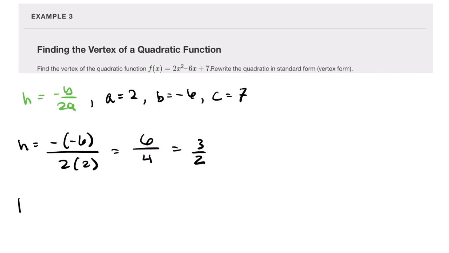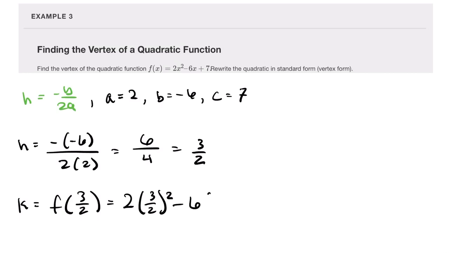So then to find our k, we're going to do f of 3 over 2. That's going to be 2 times 3 over 2 squared minus 6 times 3 over 2 plus 7.